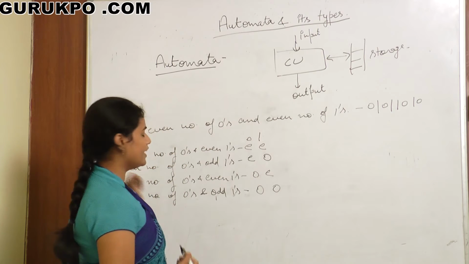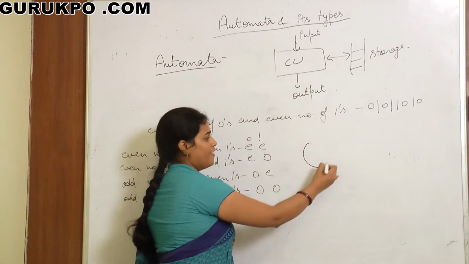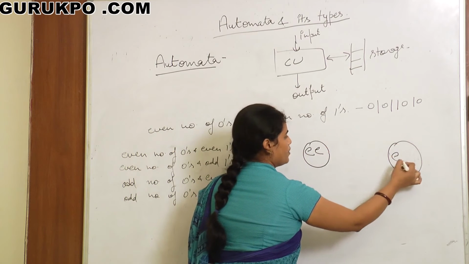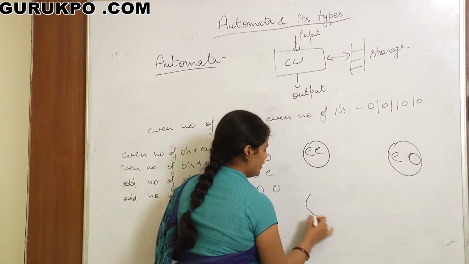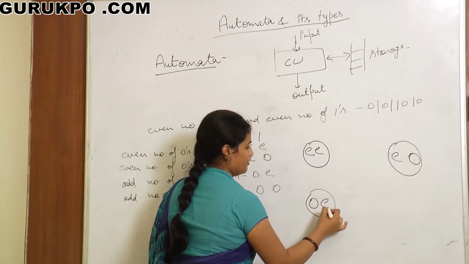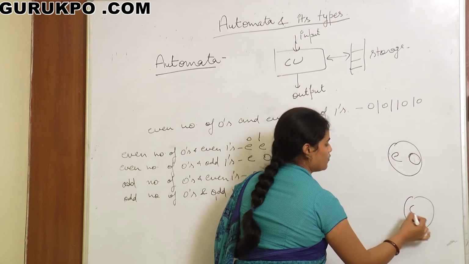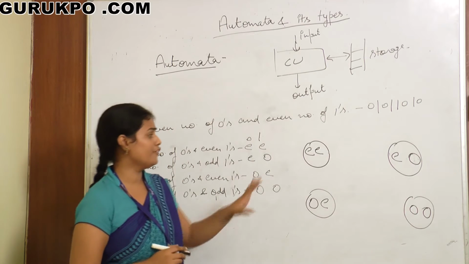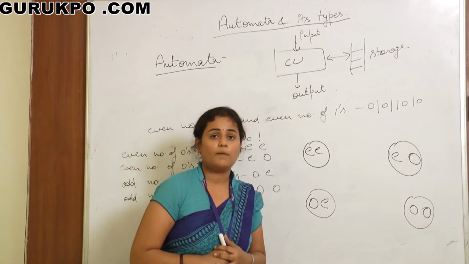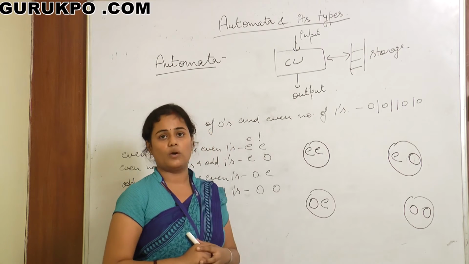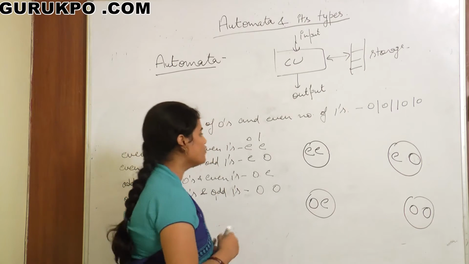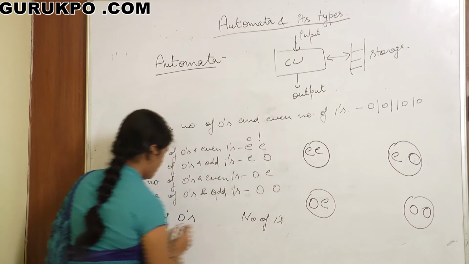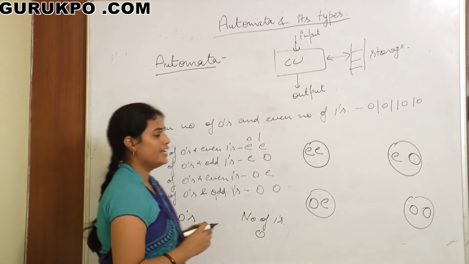Suppose we are writing 4 states here. These states I have written in this way: even number of zeros and even number of ones; even number of zeros and odd number of ones; odd number of zeros and even number of ones; and odd number of zeros and odd number of ones. Now when we start to count, in the beginning the number of zeros and the number of ones are both 0.